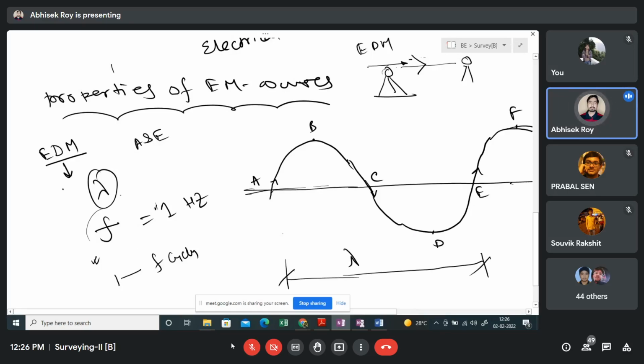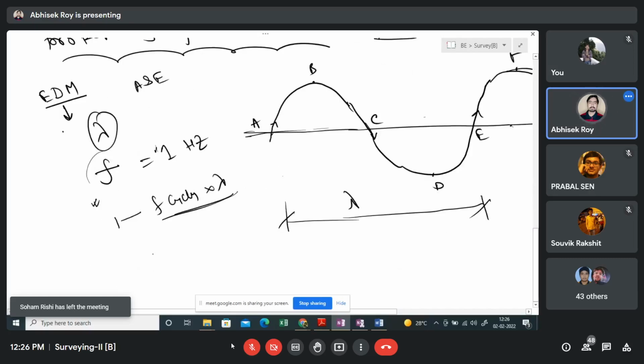And if in each cycle it travels a path of lambda, then the total path traveled in 1 second will be f lambda, and that is basically the speed of the electromagnetic wave. That means how much distance it travels in 1 second. So c is basically f into lambda.